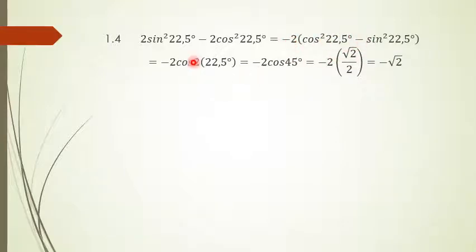Then this is equal to cos 2 times 22,5, which simplifies to minus 2 cos 45 degrees. And substituting for the trig ratio of the special angle, that's minus 2 times square root of 2 over 2. The 2 cancels with the 2, and our final answer is negative square root of 2.